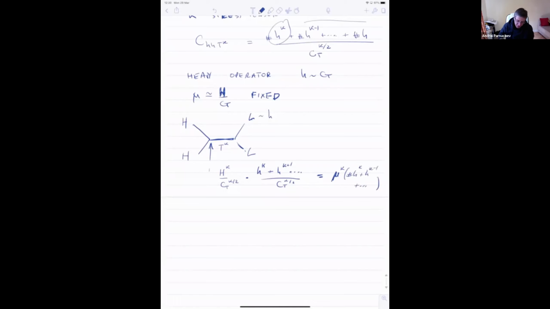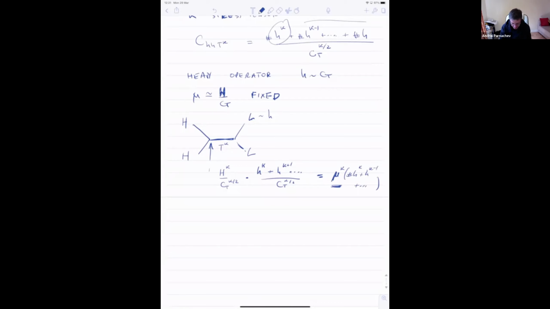So the lesson from this is that the contribution of a k stress operator is proportional to mu to the k, and it contains all this data that comes from the OPE coefficient of the k stress tensor.